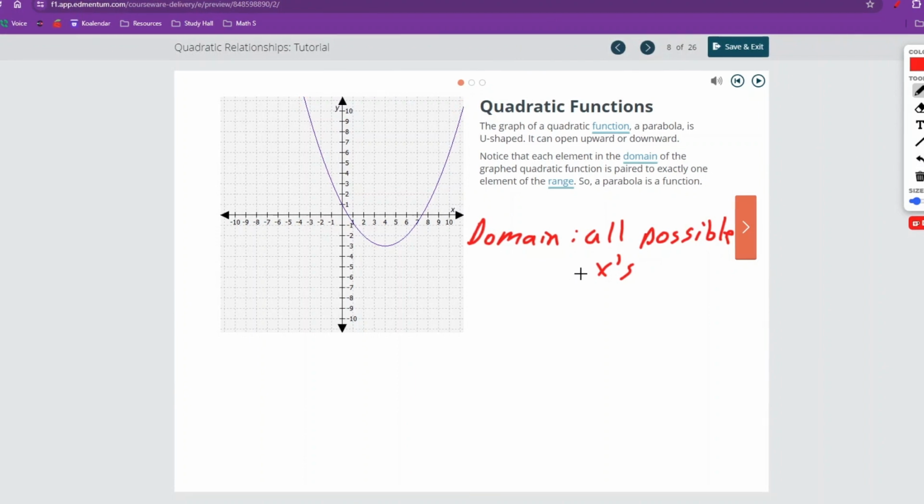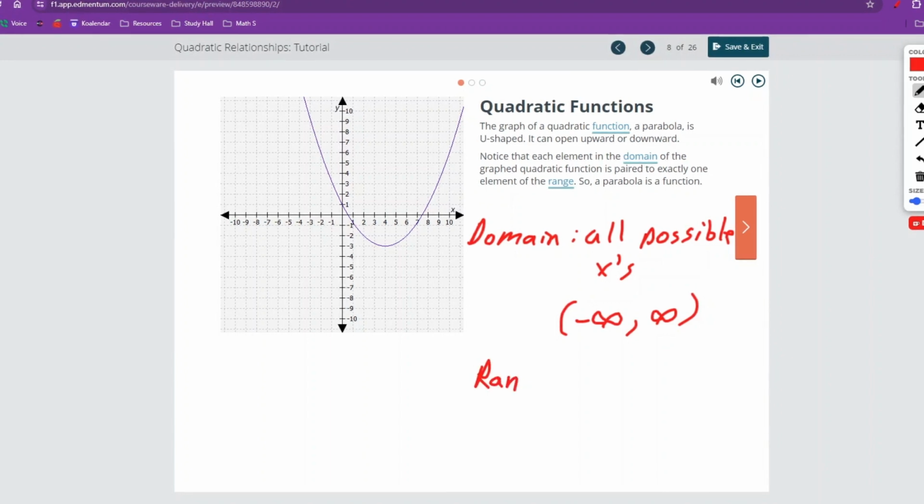So the domain for this kind of graph, for this parabola, is going to be negative infinity to infinity. Or in other words, all x's are part of the domain. There's no limit to what x can be here. So that's for the domain.